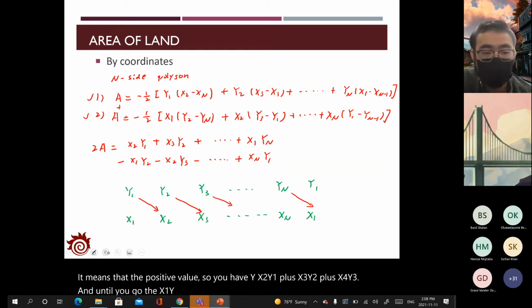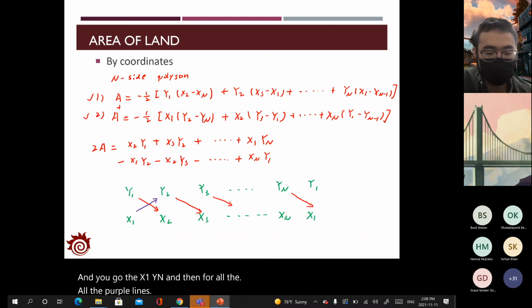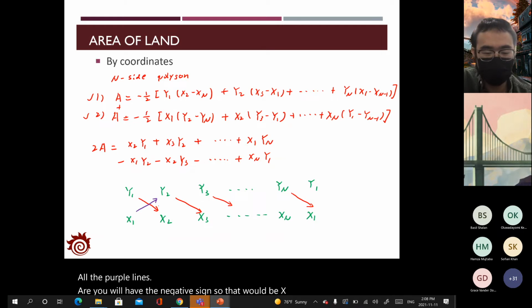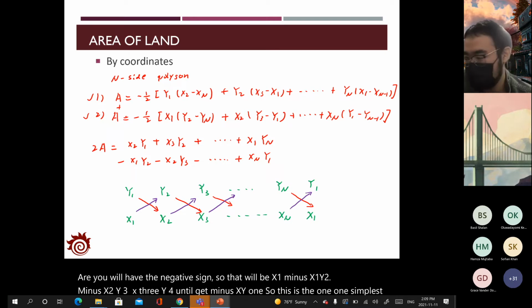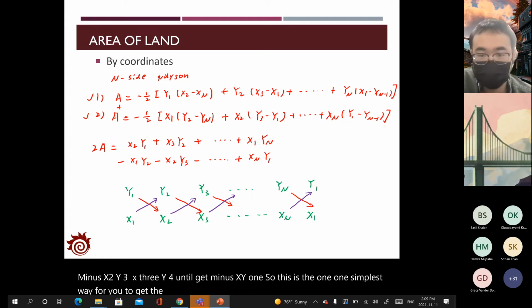Then for all the purple lines, you will have the negative sign. So that will be minus x1 y2 minus x2 y3 minus x3 y4 until you get minus xn y1. This is the simplest way for you to get the area of the inside polygon.